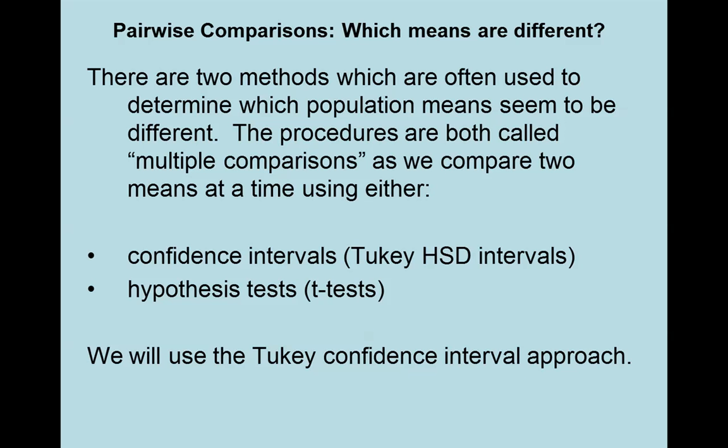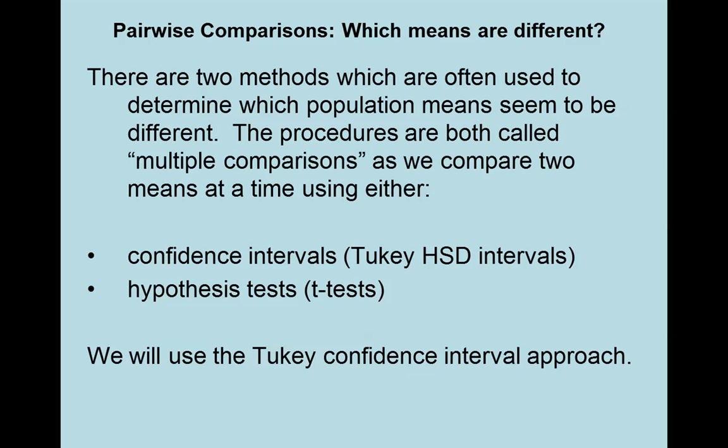Tukey was a statistician about a century ago who came up with methodologies based on looking at differences of sample means and behaviors of those things. This is an example of how you compare what's called the family-wise error rate, and we'll talk about what that means as we go through different examples.